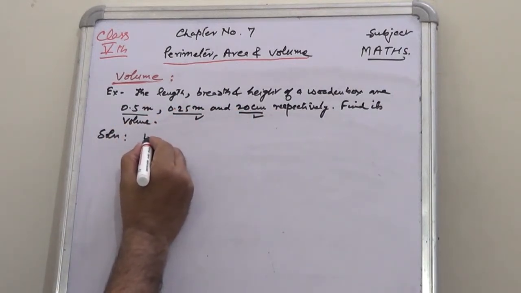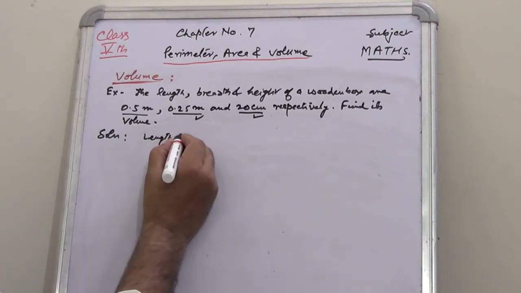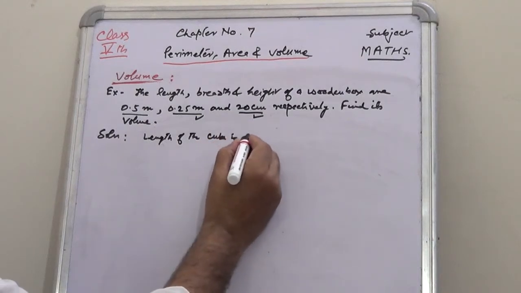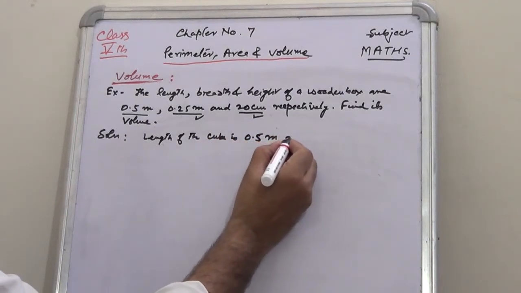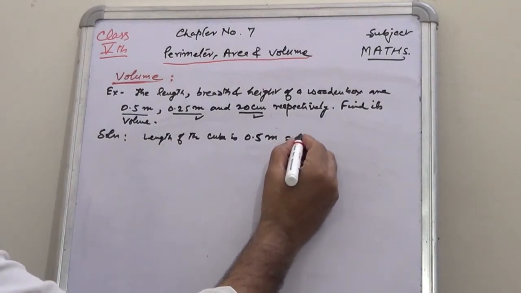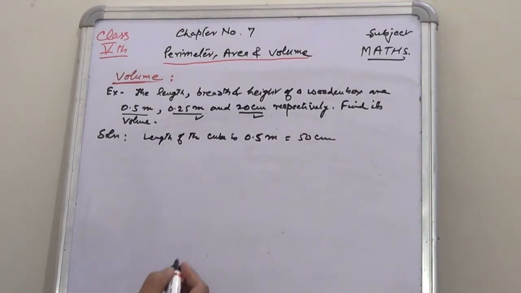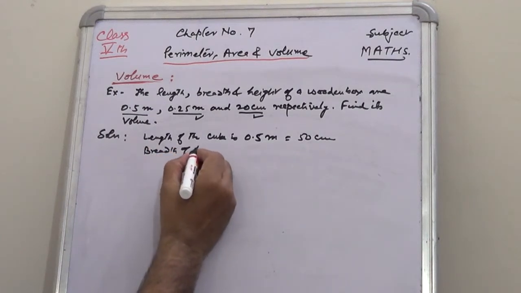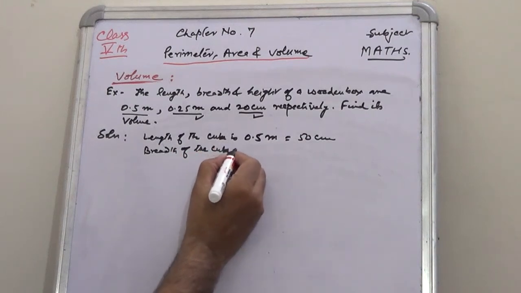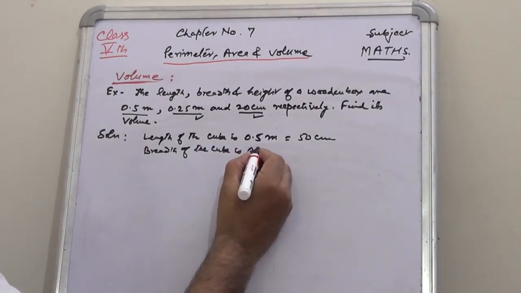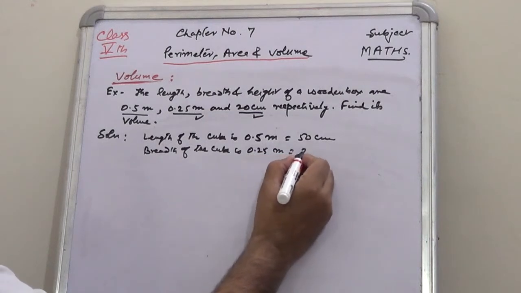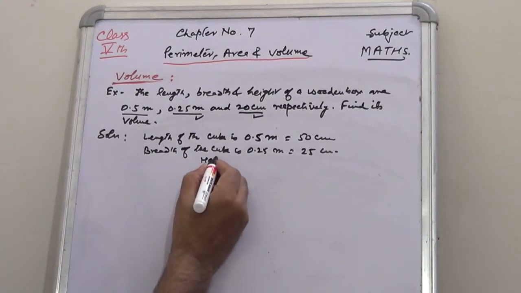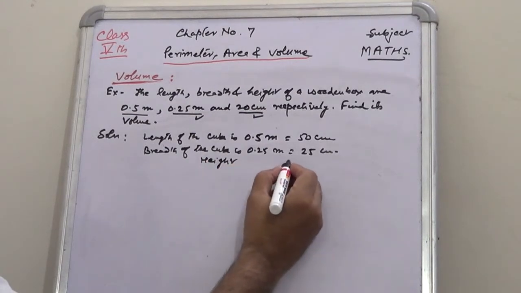Therefore, the length of the box is 0.5 meter, meaning 50 centimeter. The breadth of the box is 0.25 meter, meaning 25 centimeter. And the height is already given in centimeter.